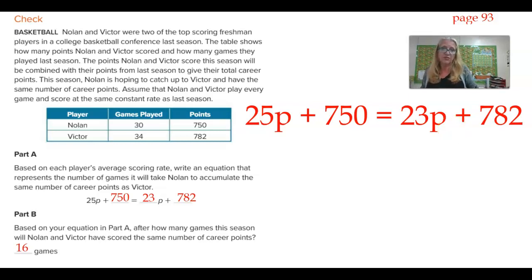So to solve this equation, the first thing we do is we want to get all of our variables on one side. So we have 25p here and 23p here. 23p is smaller, so there's no reason for us to not go ahead and eliminate the smaller one. So subtract 23p from both sides.